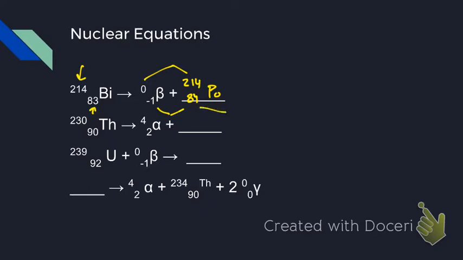Remember, this is the atomic number here, and that tells me the number of protons, right? So notice when a particle emits a beta particle, it changes the element.